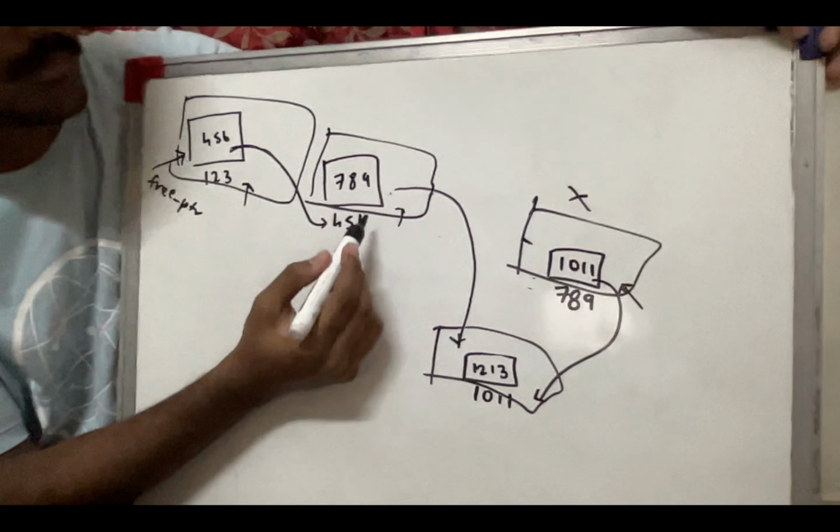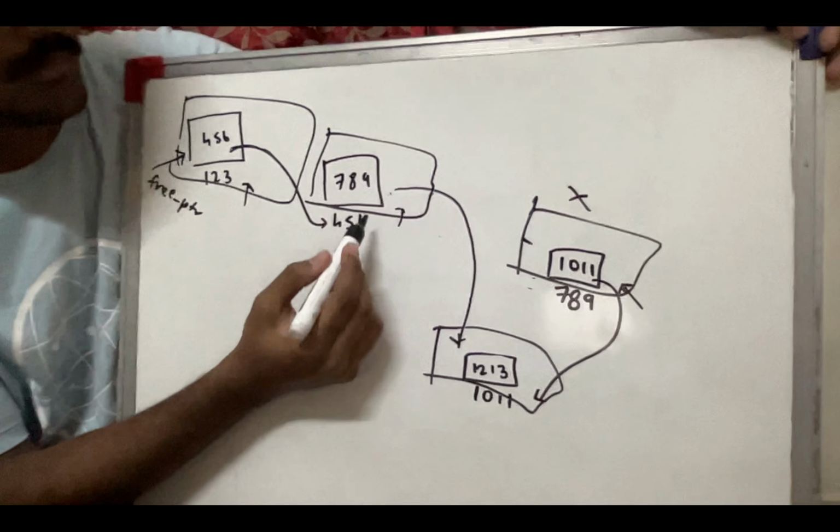Previous block has the value 4, 5, and 6, and now the dereferenced next block has the value 7, 8, 9.